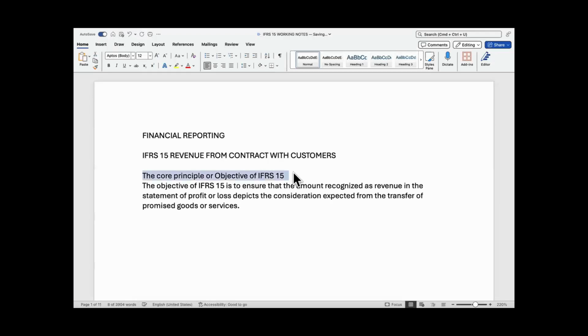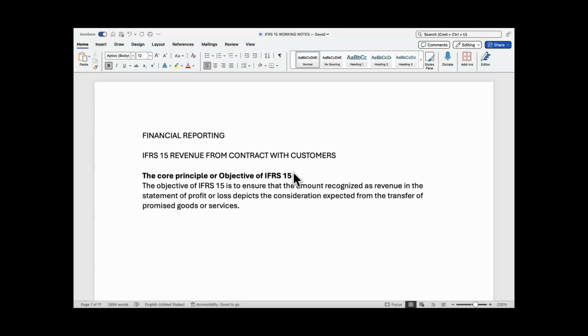So, the objective of IFRS 15 is to ensure that the amount that is recognized as revenue in the statement of profit or loss depicts the consideration expected from the transfer of promised goods or services.